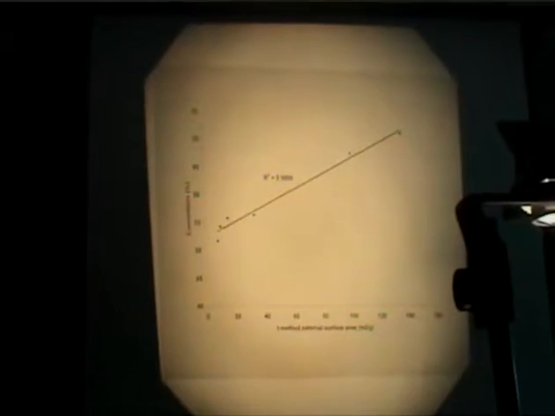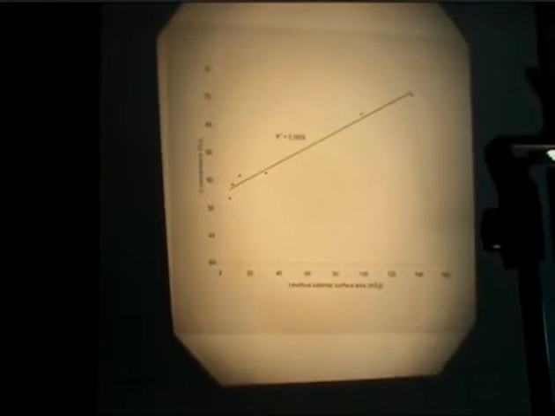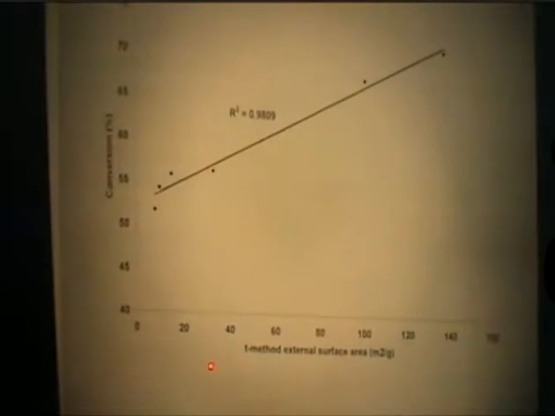It turns out, interestingly enough, that the conversion depends not on the total surface area, but the amount of surface area that was external. And so, almost a straight line here, as you see, here's the conversion percent, and here's the t-method external surface area.